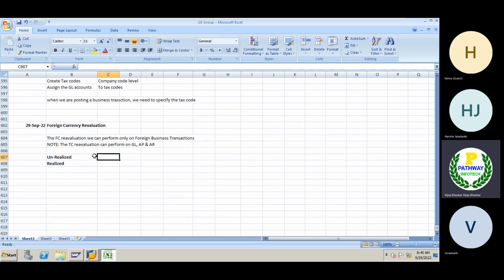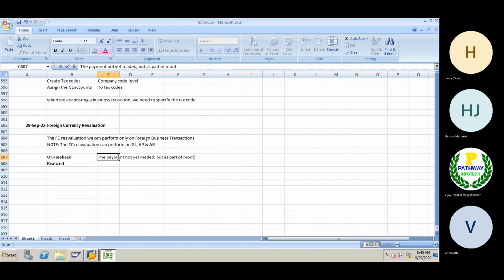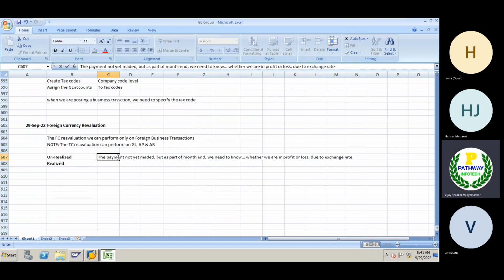Okay, unrealized in the sense that the payment is not yet made, but as part of month end, we need to know whether we are in profit or loss due to exchange rate changes on business transactions.